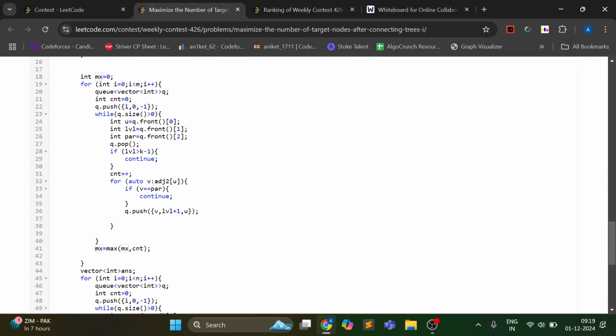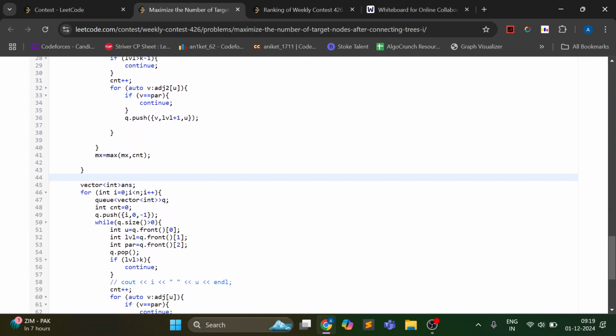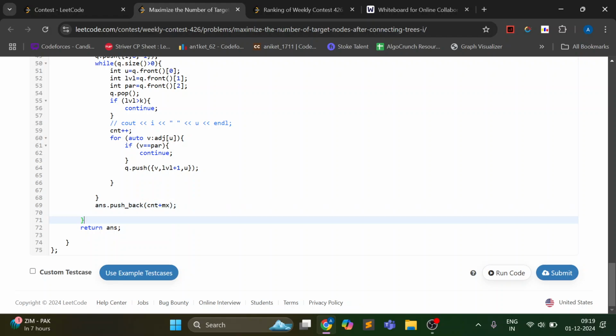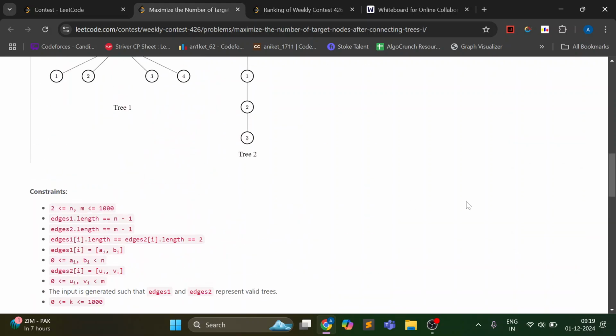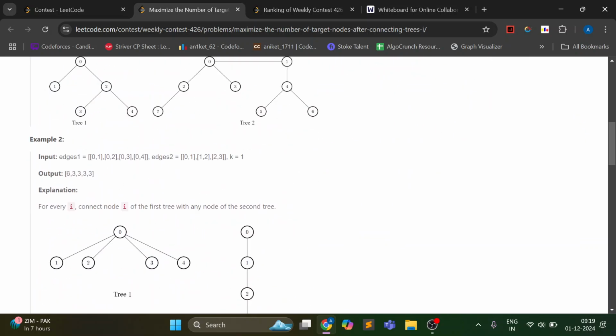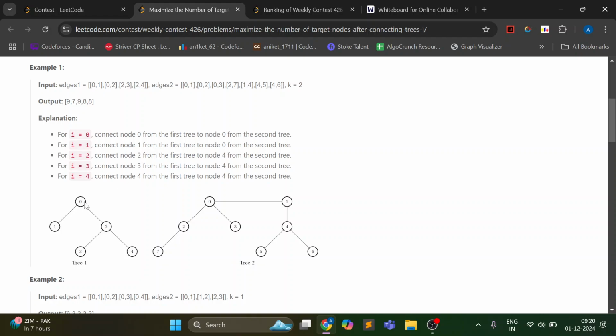Mx is the maximum number of nodes coming from the second tree. Then I'm pushing the total sum into my answer vector. I'm finally returning the answer. So this was the core idea of the third problem.